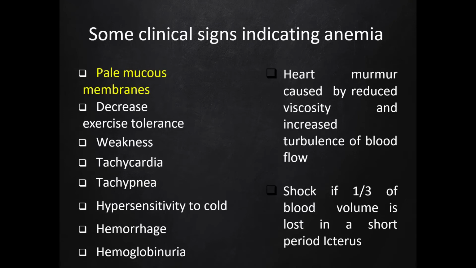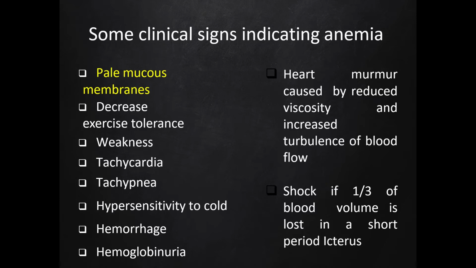So, some clinical signs indicating anemia. One of the most important signs, especially in all domestic animals, is the mucous membrane. You will have a pale mucous membrane.